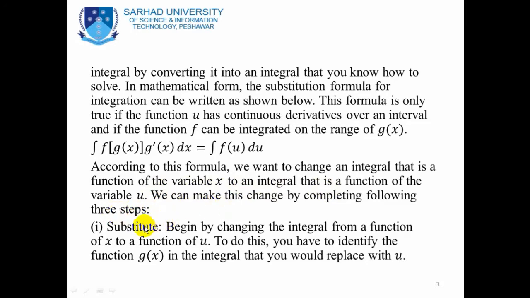Step number one: substitute. Begin by changing the integral from one function x to another function u. To do this, you have to identify the function g of x in the integral that you will replace with u.